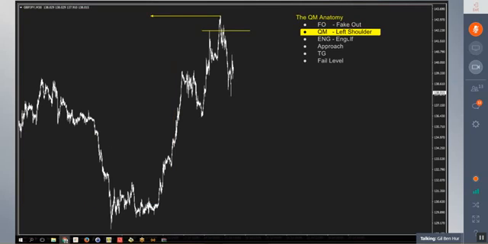The next thing is the Quasimodo level. It's the left shoulder. Okay, we determine this by the retracement, and that after that retracement was resolved, it resulted in the fake outs.